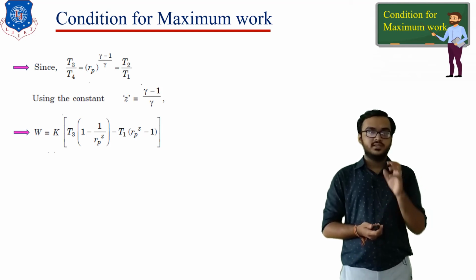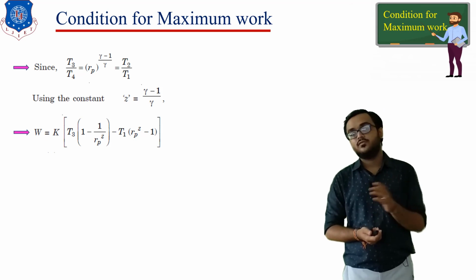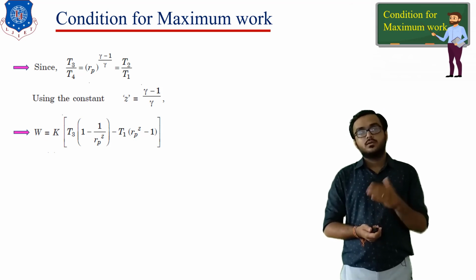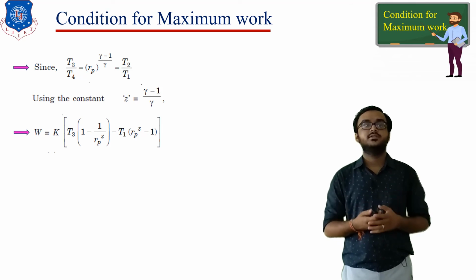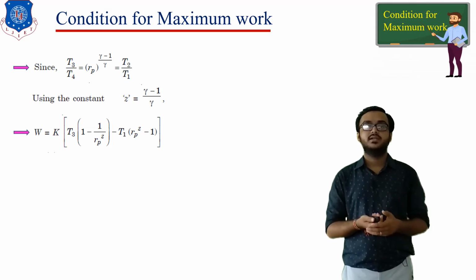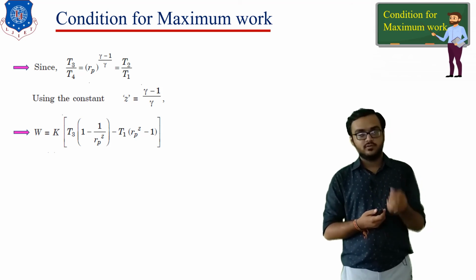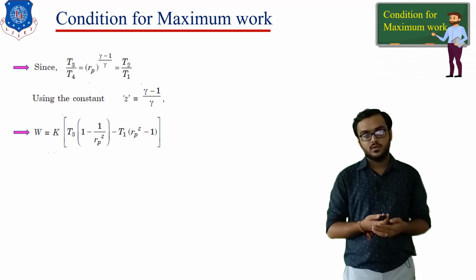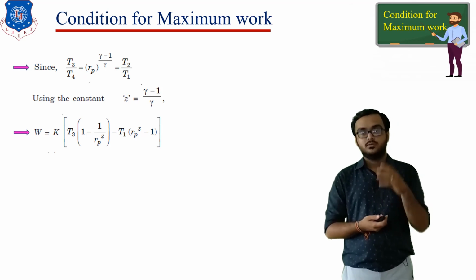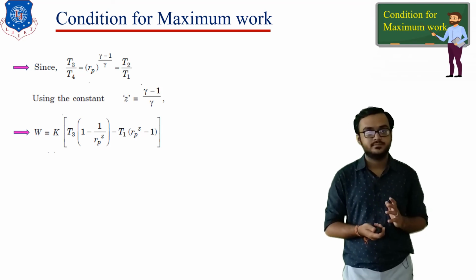Now, in this equation, the factors that directly affect the work done are T3, the pressure ratio Rp, and T1. We are ultimately reducing those variables from 4 to 3 just by simplification.